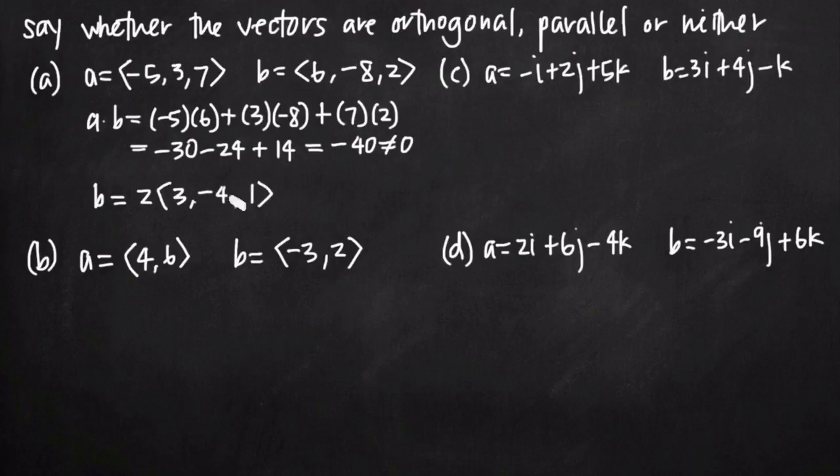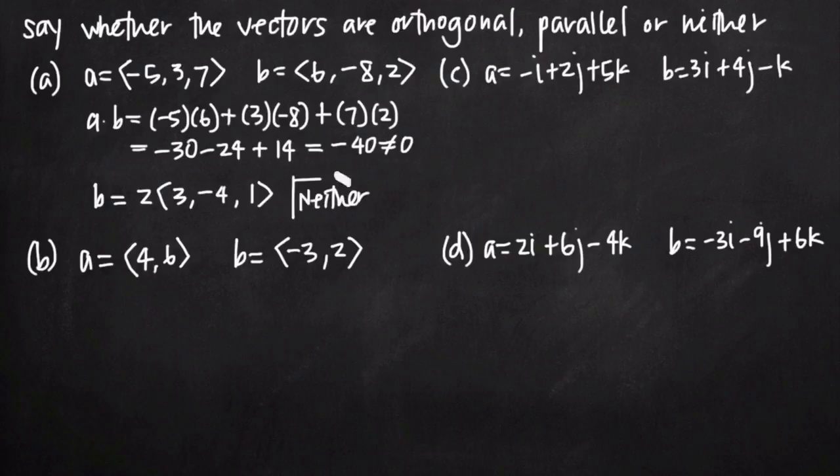We can factor out a 2 and simplify that. If we got a factored version, this 3, -4, and 1, that was equal to this -5, 3, and 7 here, then we could say that the vectors were parallel. But that doesn't happen in this case. So in the example of A here, these vectors are neither orthogonal nor parallel.